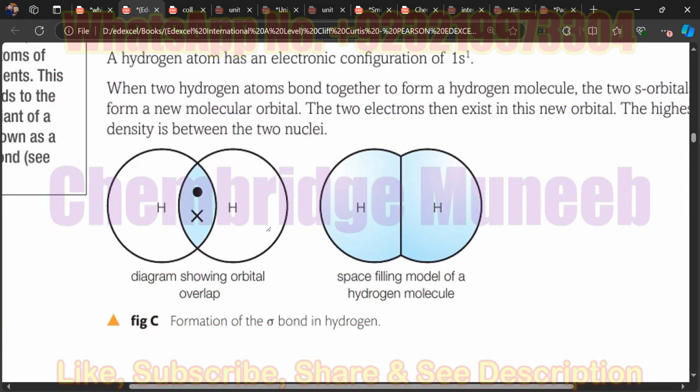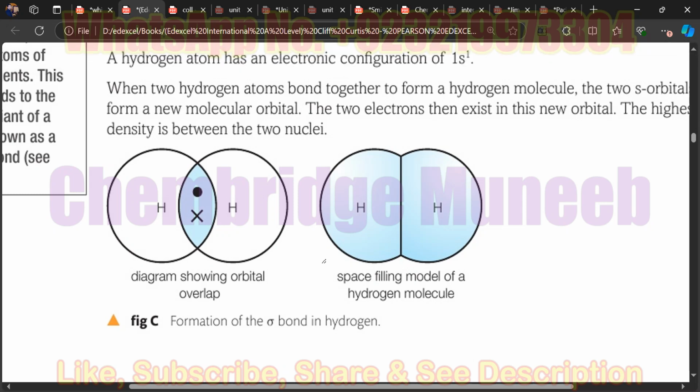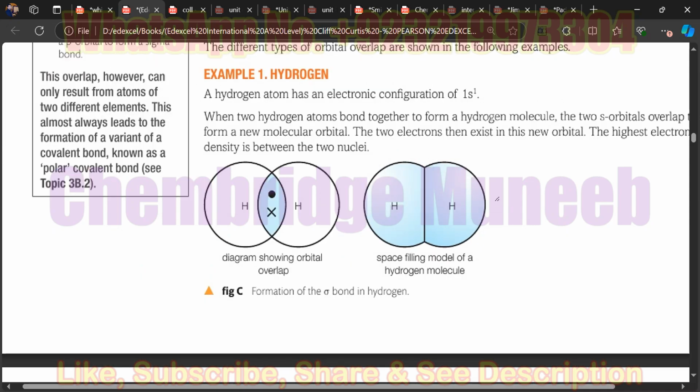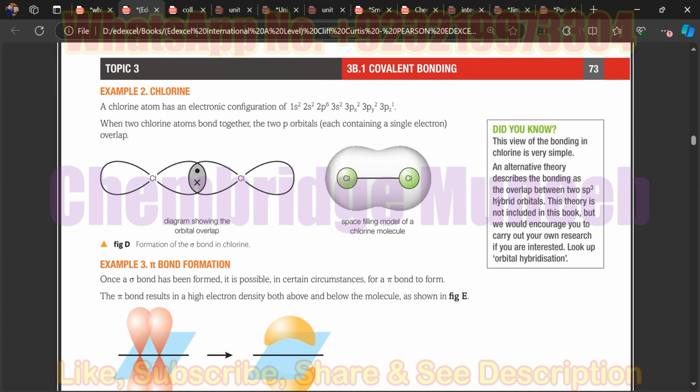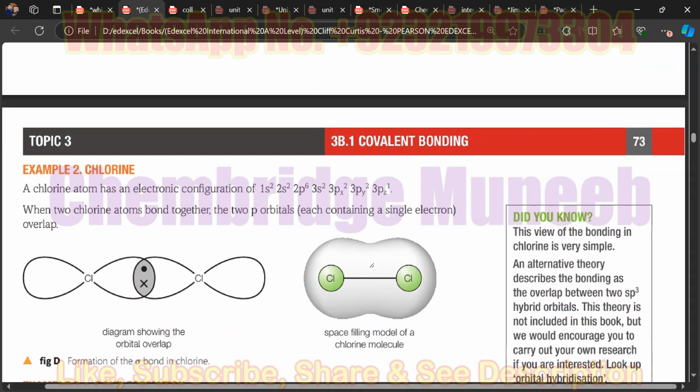Okay, here they have shown the example of the hydrogen molecule formation, in which the hydrogen atoms are overlapping and you are looking at a covalent bond formation. This is then basically represented by the single lines, just like here in the chlorine they have shown a single straight line, but this is within the diagram of the space filling model.